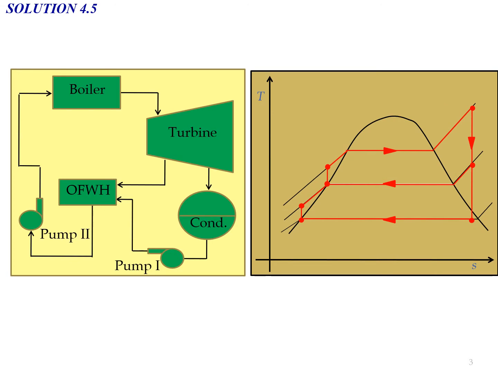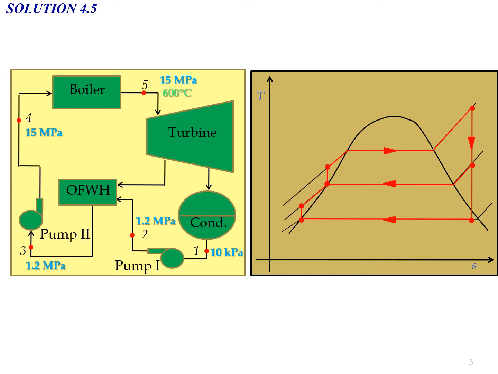From this figure and from the information we get from the question, we know that the condenser is at 10 kPa and the feed water heater is at 1.2 megapascal. Since this is an open feed water heater, the pressure at state 3 is also 1.2, and the pressure at state 4 before the boiler is 15 megapascal, and at state 5 also 15 megapascal.